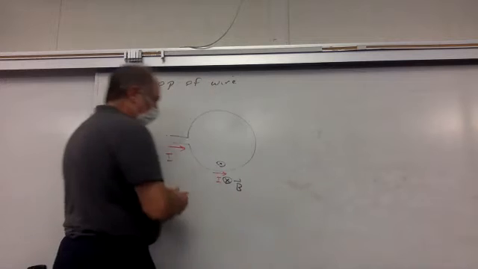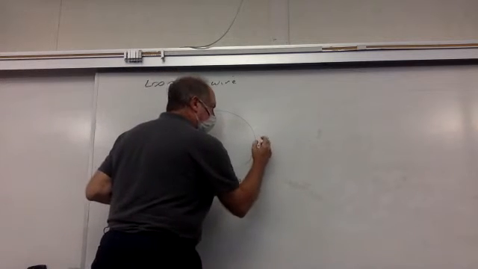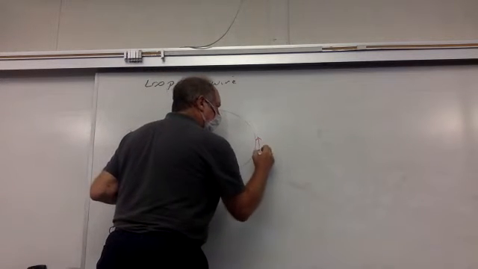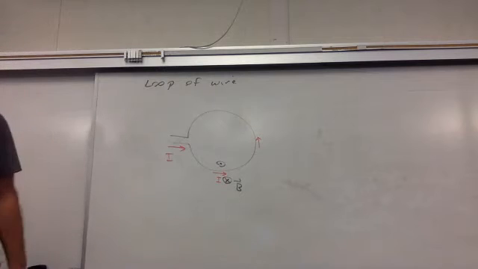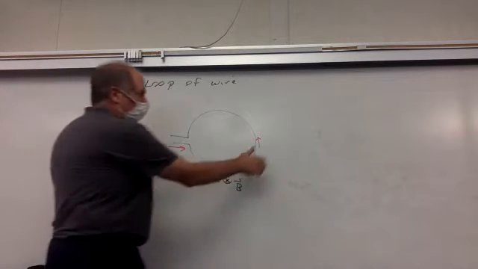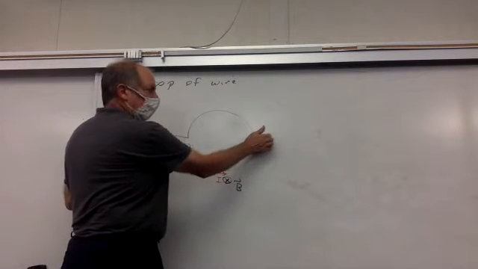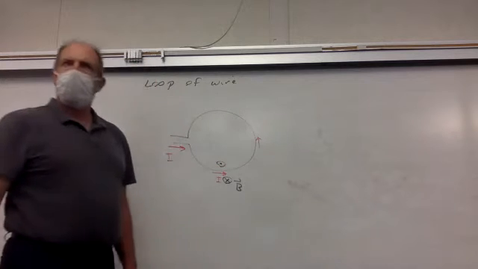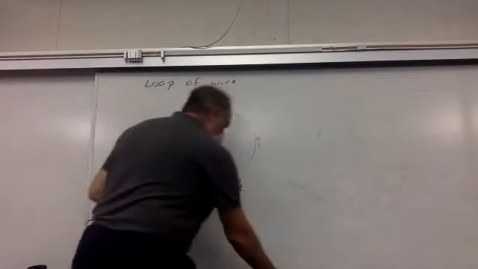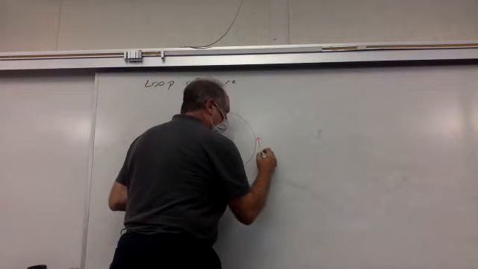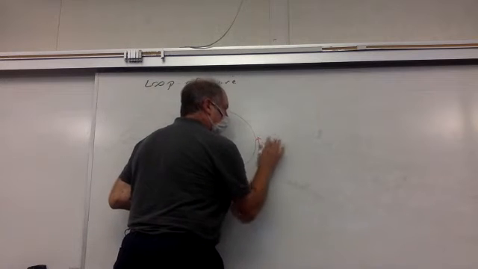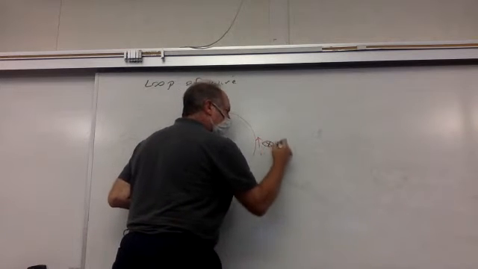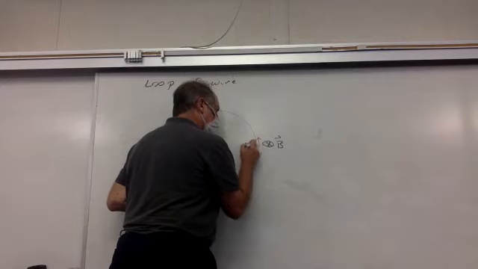Then let's go over here. The current's doing this. Now, what about by the right-hand rule? Thumb pointing like that. Into the board to the right, coming out of the board to the left. Would you agree? Okay. So into the board there, out of the board there.